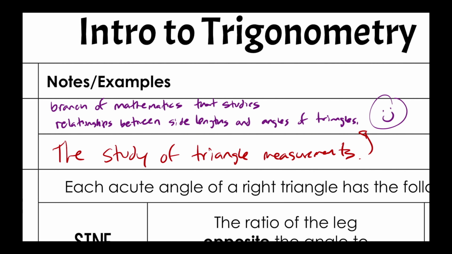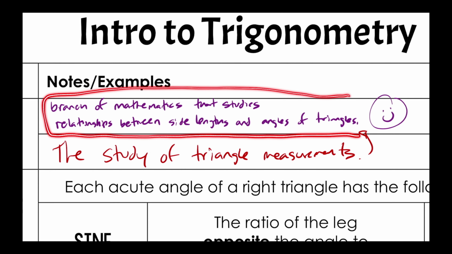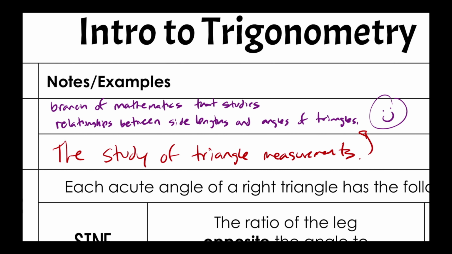That's a great definition, an official sounding one. If you want to be a little more casual, you can just say trigonometry is the study of triangle measurements. That's it. And the way we start with trigonometry is we look at right triangles.